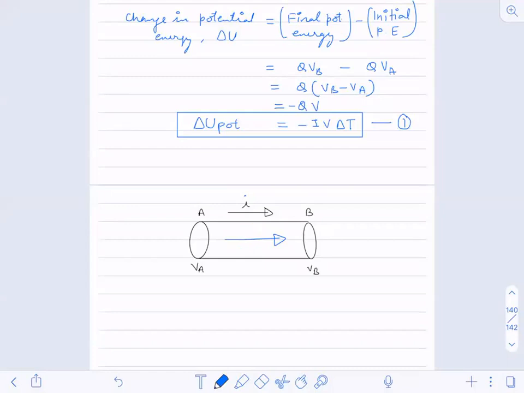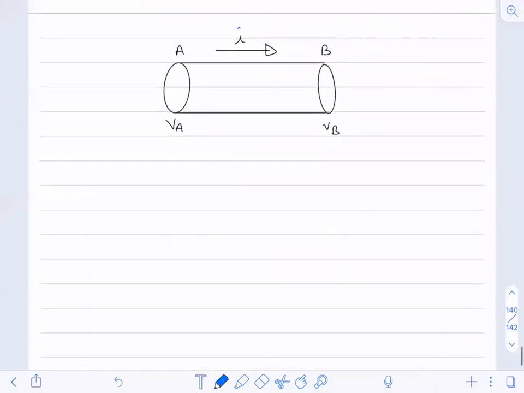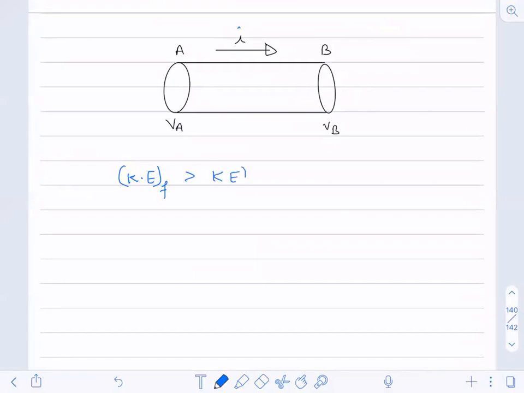So what I can say is that the final kinetic energy will be greater than the initial kinetic energy, because the potential energy is changing.